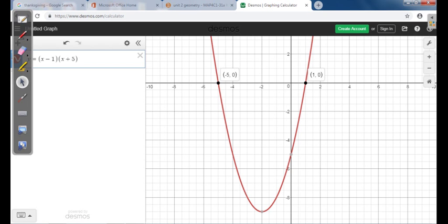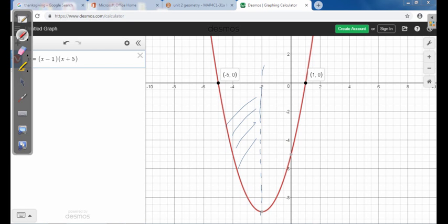A parabola is symmetrical. What does symmetrical mean? They're equal from the middle, from the axis of symmetry. So if I draw my axis of symmetry here, this side is symmetrical to this side.